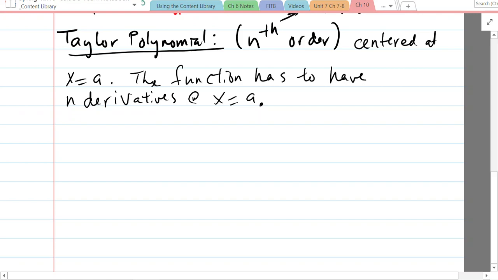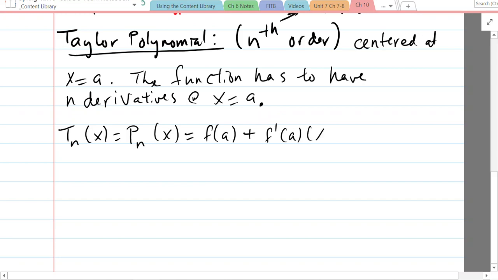So the way we write it, this is the Taylor polynomial. It's a function of x, equal to the function evaluated at a, the center point, plus the first derivative evaluated at a times x minus a to the 1 power over 1 factorial. I won't write the 1.